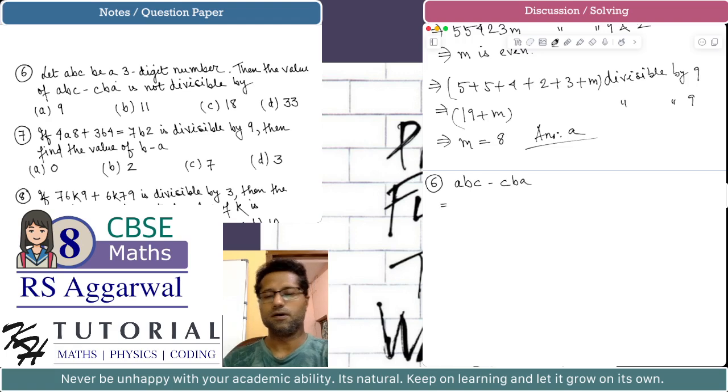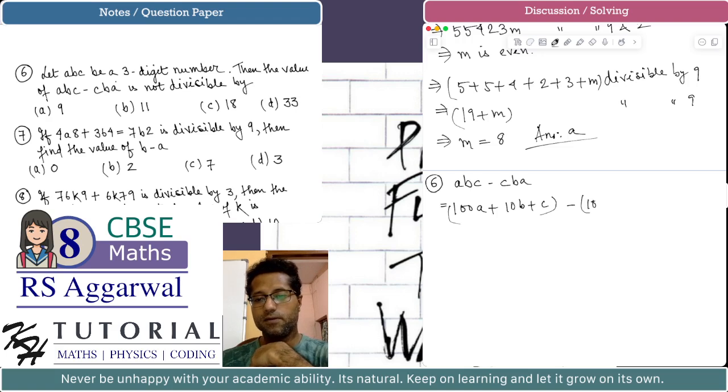Now, if we expand the given numbers in the general form, ABC is a 3-digit number, so it will be 100A plus 10B plus C, and the general form of the number CBA will be 100C plus 10B plus A.